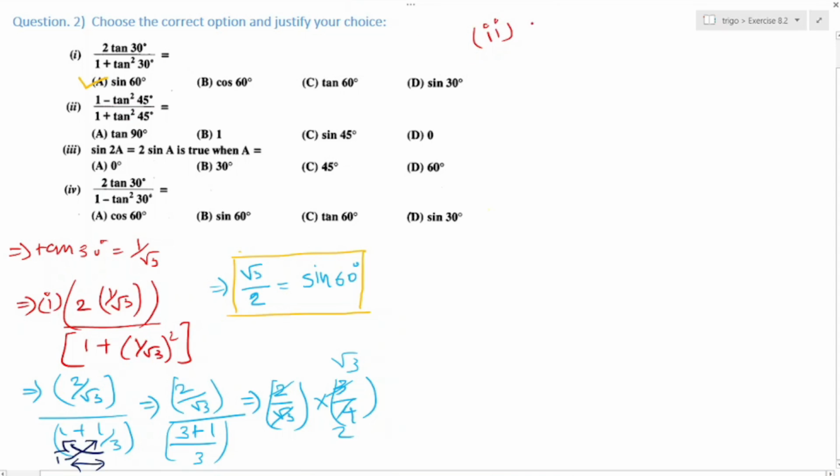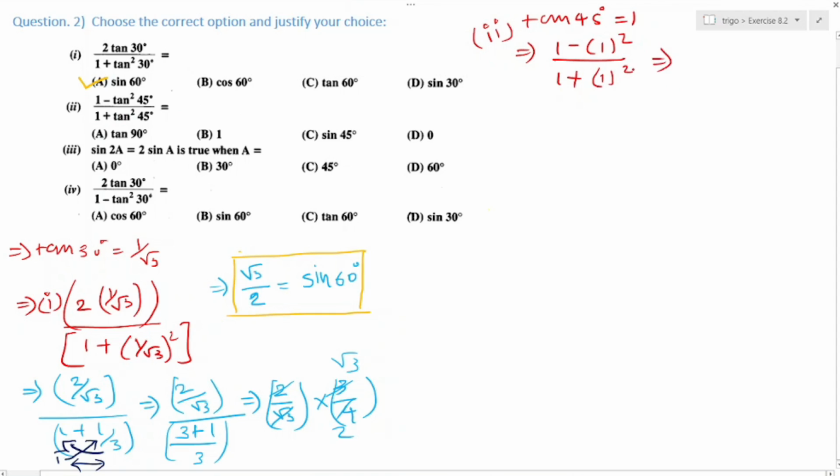Tan 45 degree equals 1, right? So we just put the values here and get 1 minus 1 square, because that is tan 45 degrees square. Tan 45 degrees is 1, so it is 1 square. Below in the denominator, 1 plus tan square 45 degree, which is 1 plus 1 square, right?